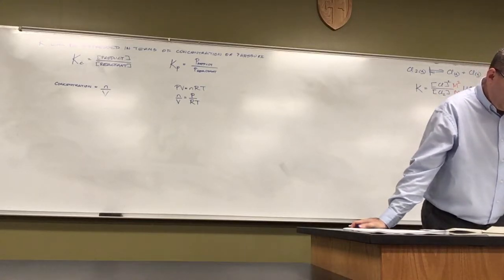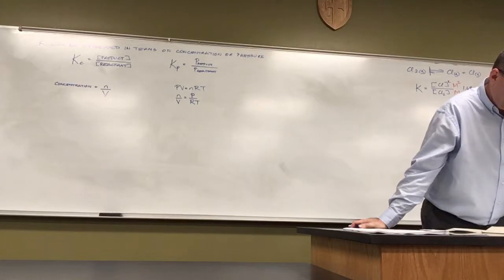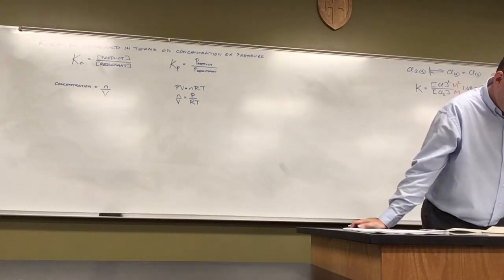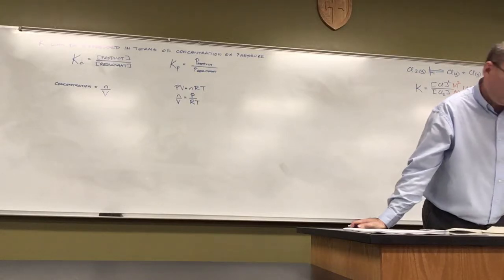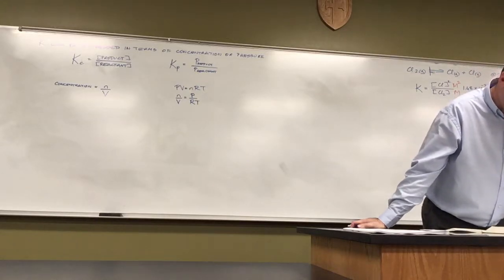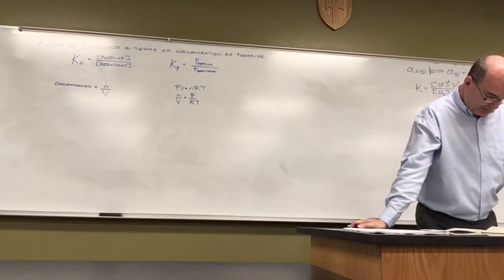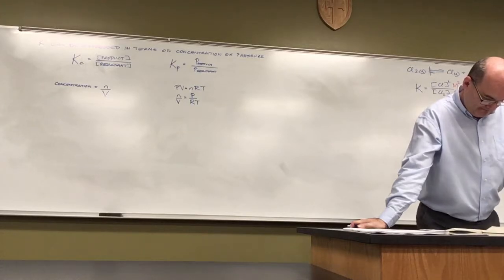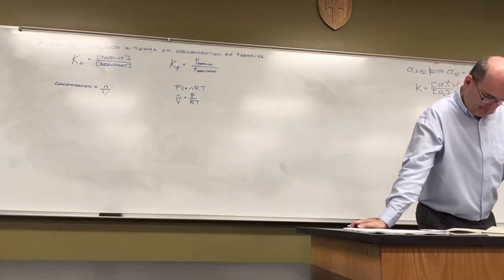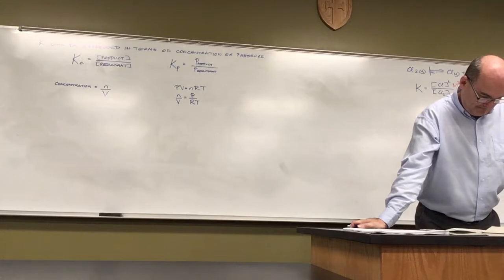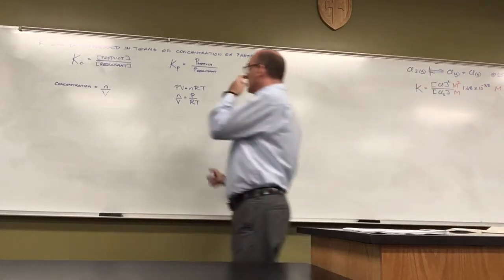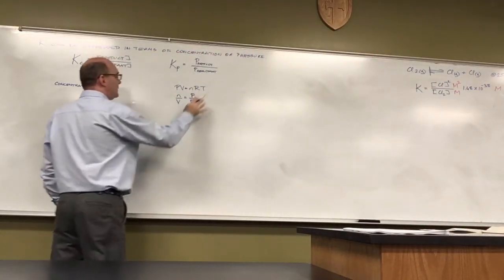Okay, so we can go and substitute n over V, or, hey, we can do it the other way. There's two ways of looking at it. So n over V is P over RT.